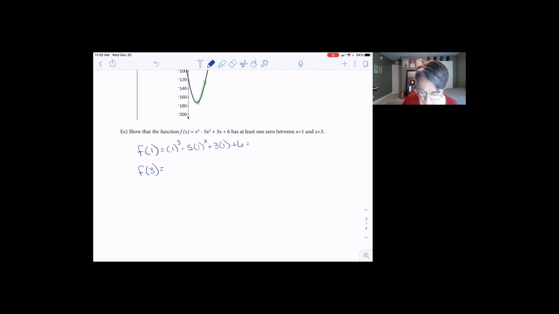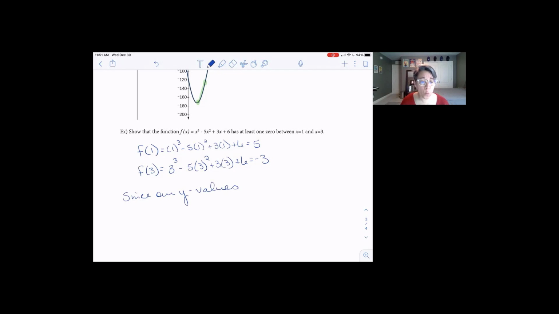And that gives us a positive 5. If we plug in the 3, we get 3 cubed minus 5 times 3 squared plus 3 times 3 plus 6. And that gives us a negative 3.